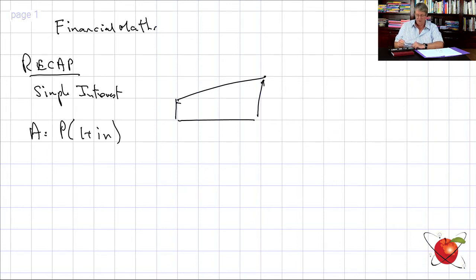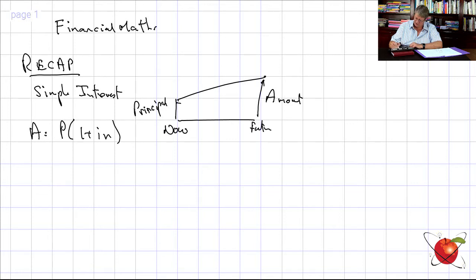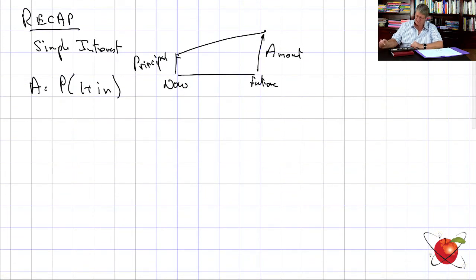We're not going to be using simple interest in the stuff we're going to be doing currently, but just to know it's there in case somebody does ask a question about it. A is called the amount, and P is the principal. That's the amount that you invest. This on our timeline is now, and this is the future. Okay. And that is the simple interest.